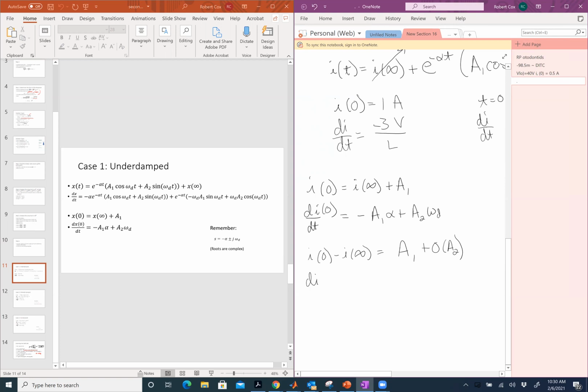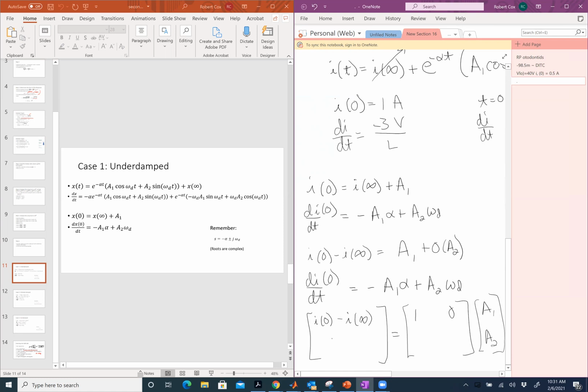And I have di by dt of 0 equals minus a1 alpha plus a2 omega d. And remember, I try to turn that into a matrix equation where the first line looks like this: 1, 0, a1, a2, like that.